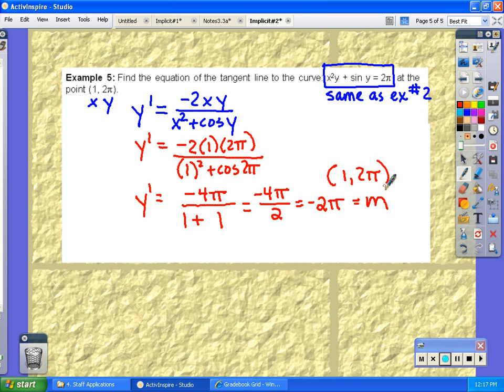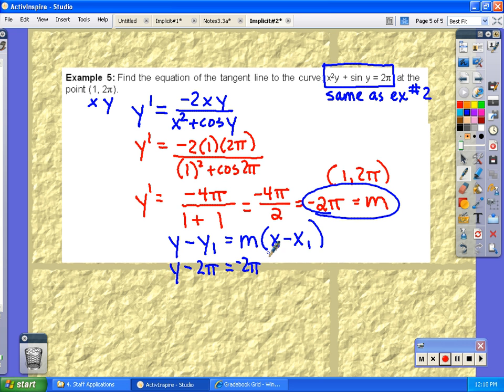To write the equation of the tangent line, you need to use the formula y minus y1 equals m times the quantity x minus x1. And we're going to plug in 2 pi for y1. We're going to plug in -2 pi for m, that's what we just got, and we're going to plug in 1 for x.